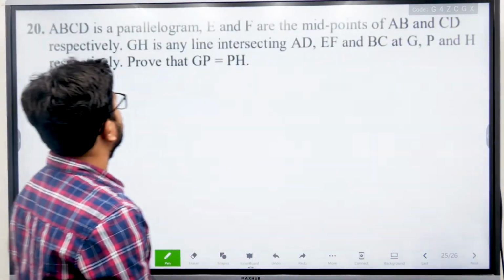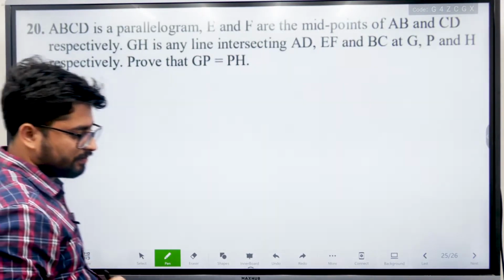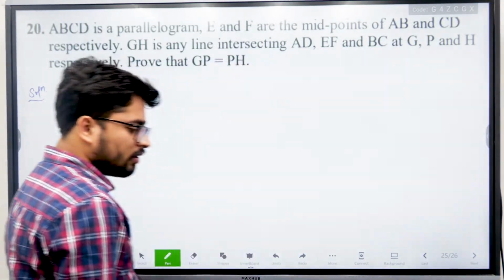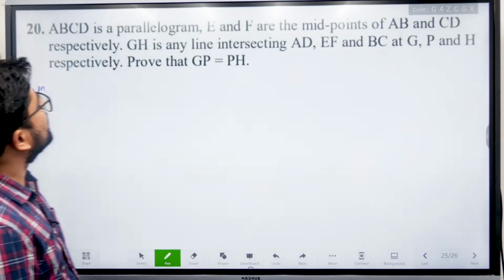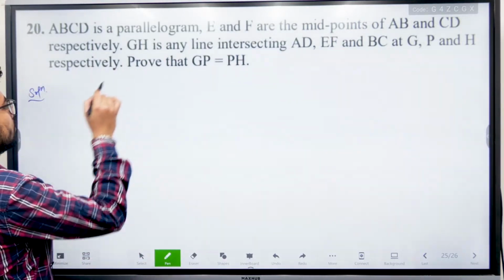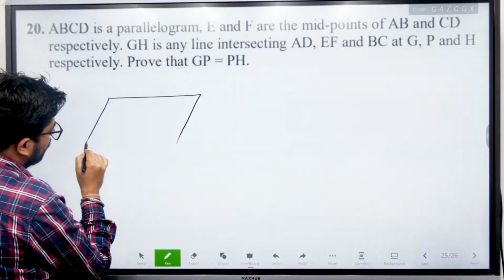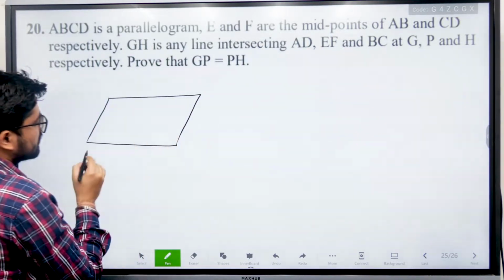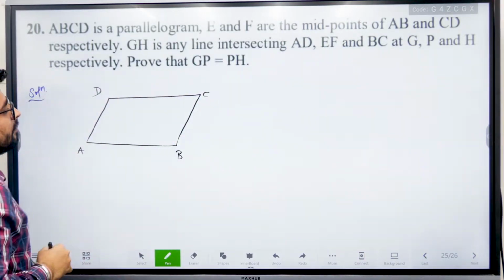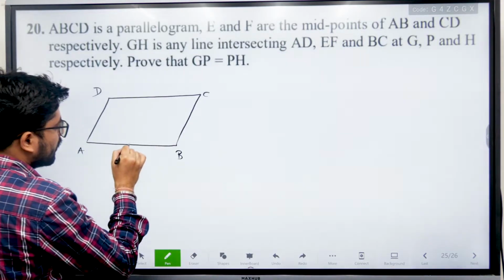And this is your last question of the first assignment. ABCD is a parallelogram. So first of all, draw your parallelogram A, B, C and D. E and F are the midpoints of AB and CD.